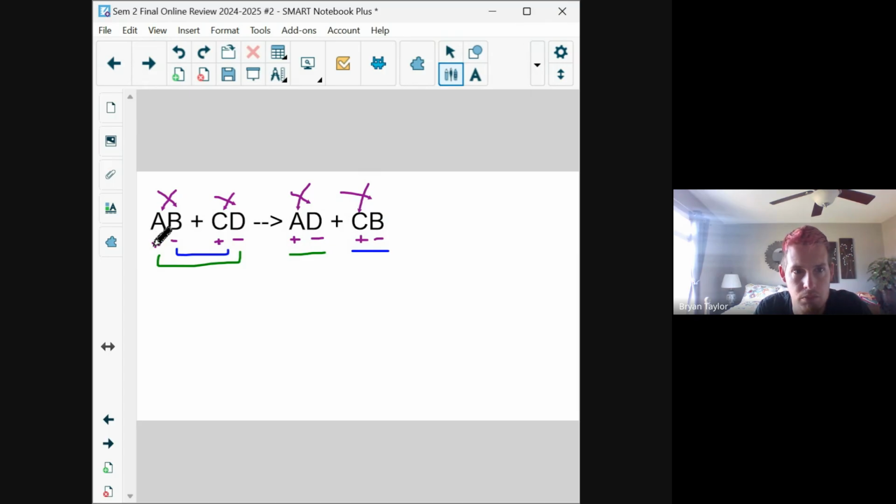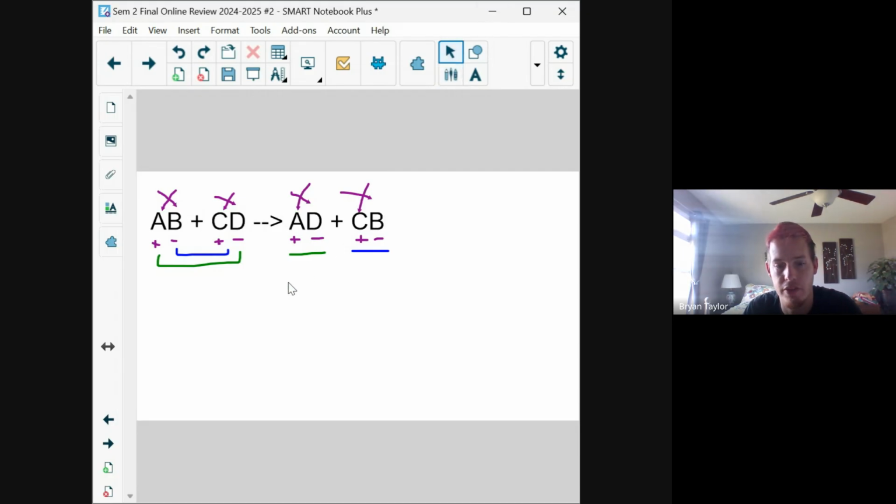Two positives, they won't even get close together. And A's already with B, so that's no change. So A has to go with D. That's the only thing left. And you can see the same thing works with B and C. But C needs to be first.